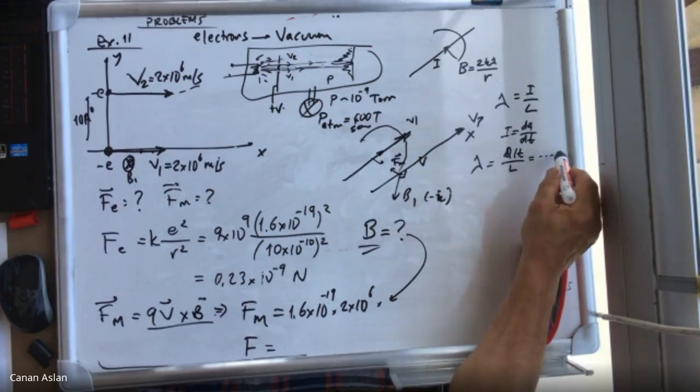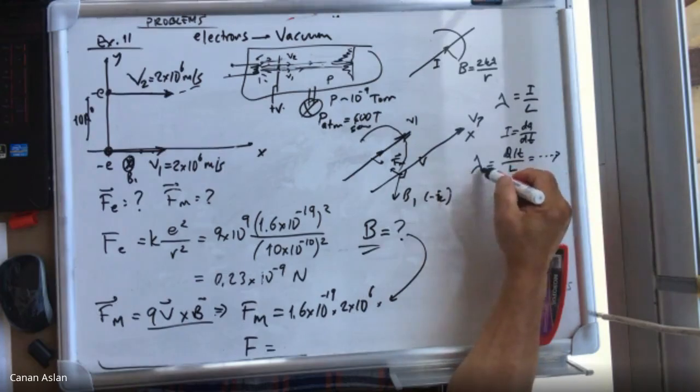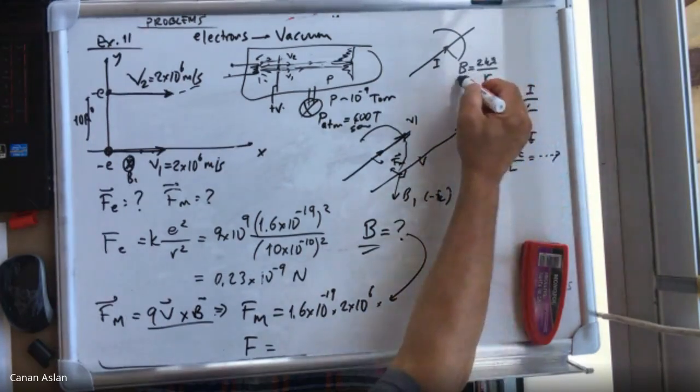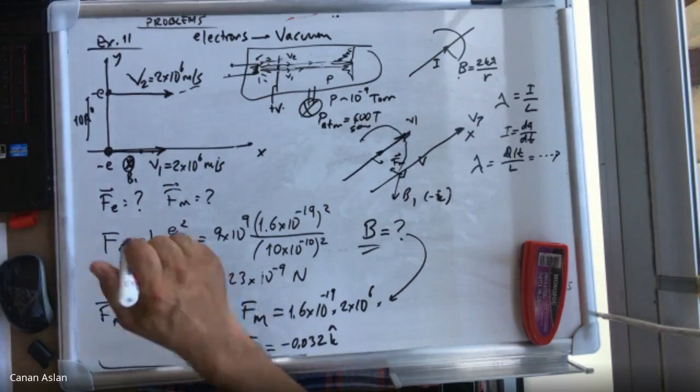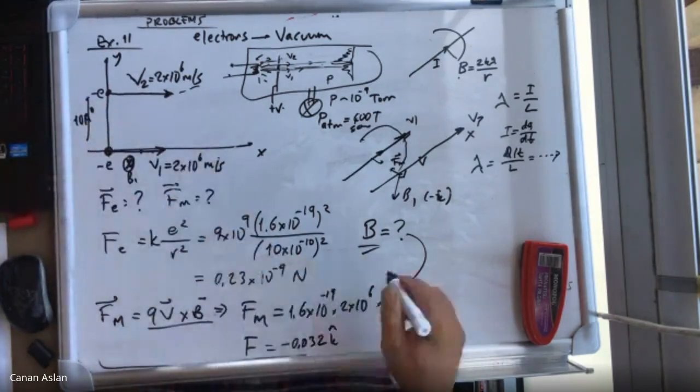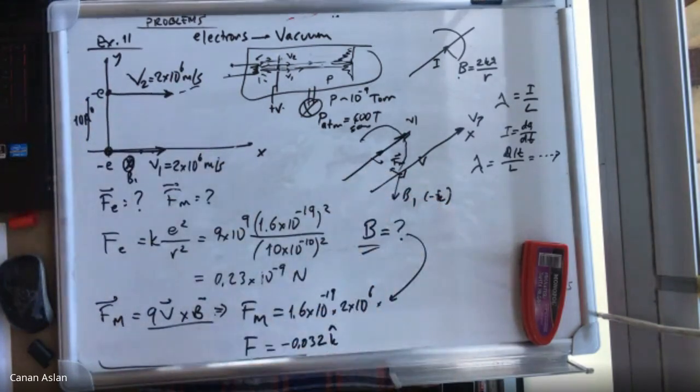You can find it from there. Then if you put this lambda here, you can calculate B, and then you can put it here, and the total force will be minus 0.032 K. So it will be in this minus K direction, inside the page, just like here.